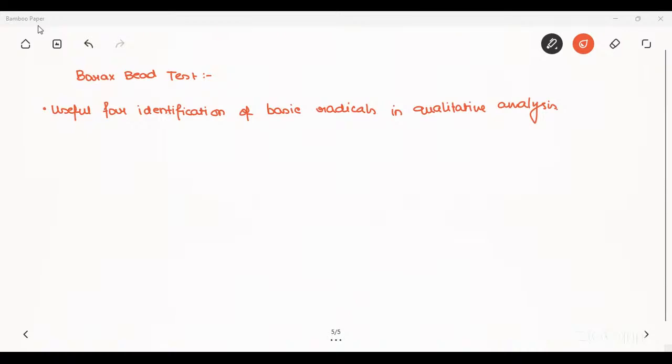Sorry for the interruption. So we were discussing the borax bead test. The borax bead test is used in the identification of basic radicals in qualitative analysis. I hope you know the difference between qualitative and quantitative analysis.